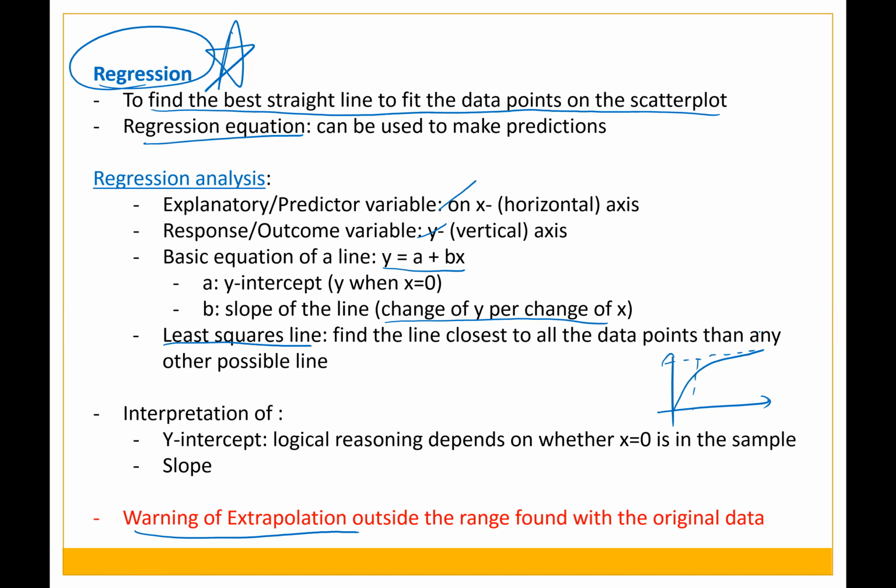So the linear model is only correct here. If you go beyond this point, then the linear model would no longer be correct. If you only make the regression based on the data points in this range, but you try to predict a value here, then the prediction is no longer accurate because it's based on a non-linear model now and not a linear model.